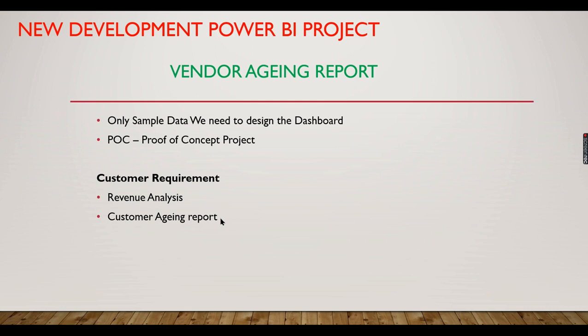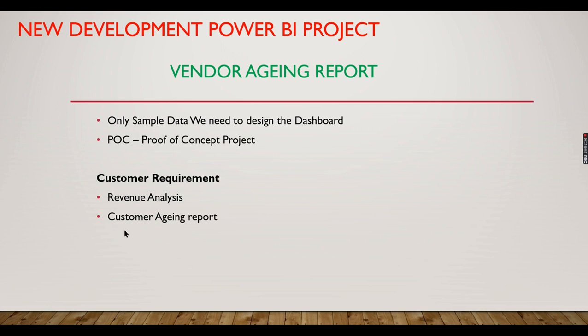Before heading into any project, we need to understand what this report is about. Revenue is very simple. It is all about sales, how much revenue the organization has acquired. What about the customer aging?